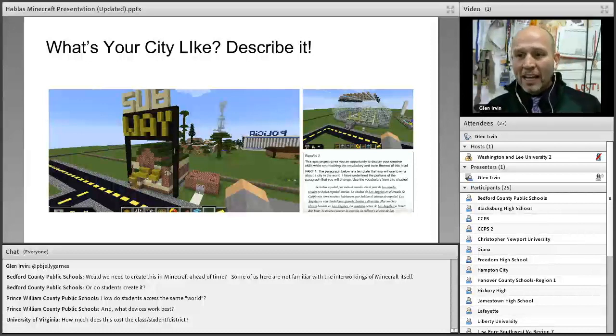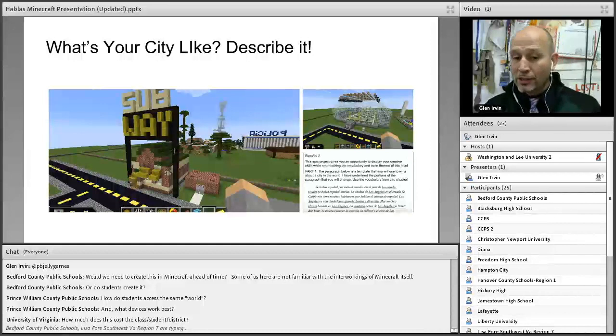I know a lot of teachers that use iPads, so they use the Pocket Edition version of Minecraft. The only limitation of the Pocket Edition as far as worlds is that I think only about 6 people can work together in a world. Still super powerful. The Minecraft Education Edition allows hundreds of students all at once to be in the same world.